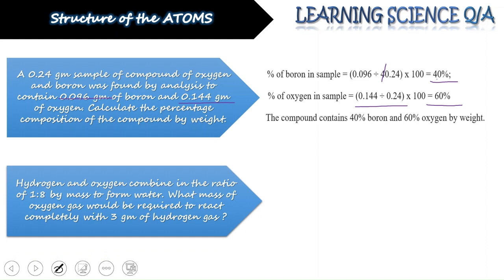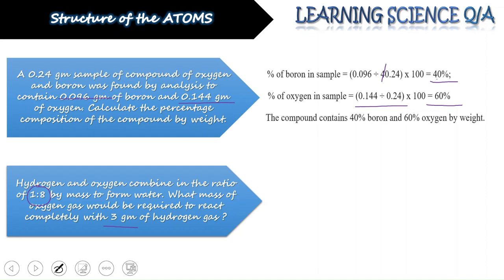Next, they are saying that hydrogen and oxygen combine in a ratio of 1 is to 8 by mass to form water. We have already seen, and again I would say that 1 is to 8 is the standard ratio. It can be used anywhere. What mass of oxygen would be required to react completely with 3 gram of hydrogen gas?